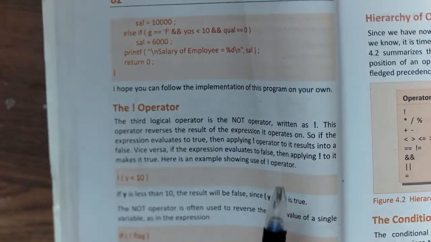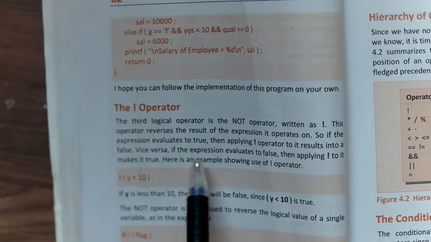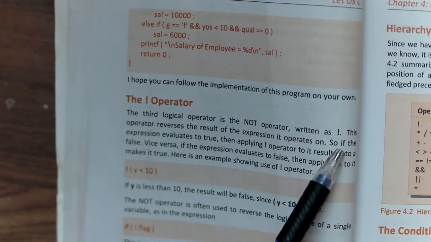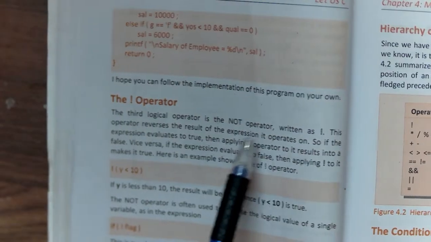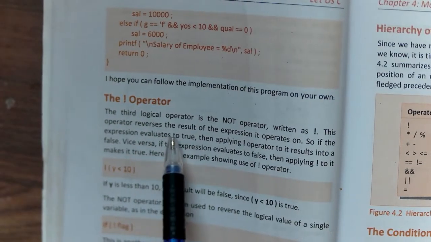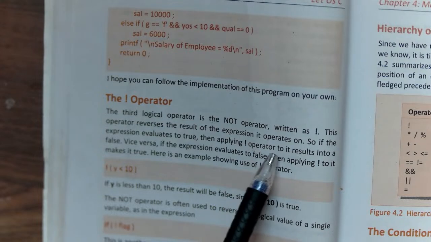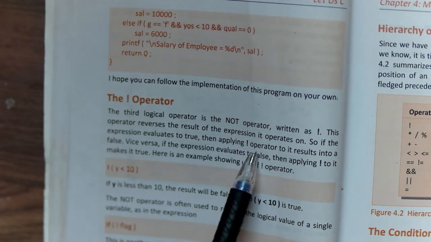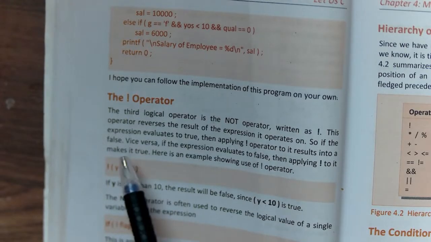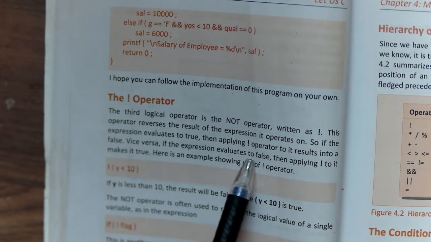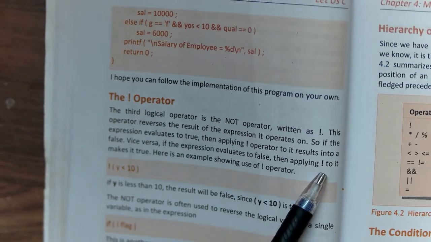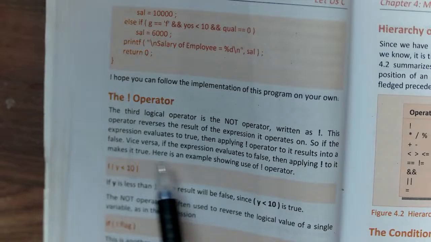The not operator. The third logical operator is the not operator, written as an exclamation mark. This operator reverses the result of the expression it operates on. So if the expression evaluates to be true, then applying the not operator turns the result into false. Vice versa, if the expression evaluates to be false, then applying not to it makes it true.